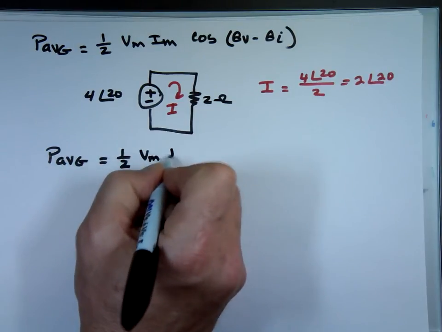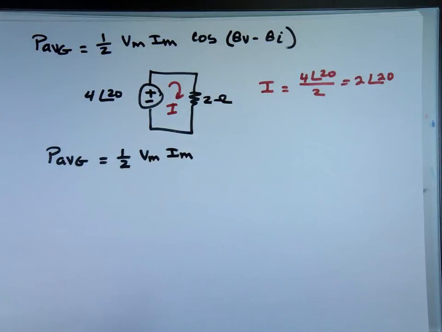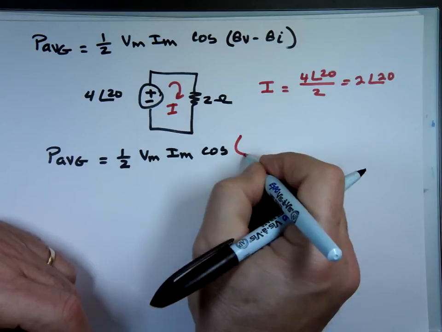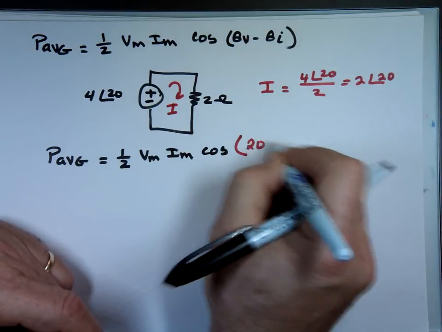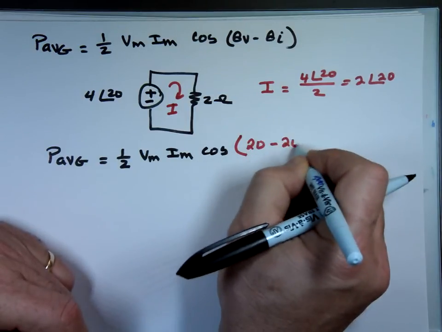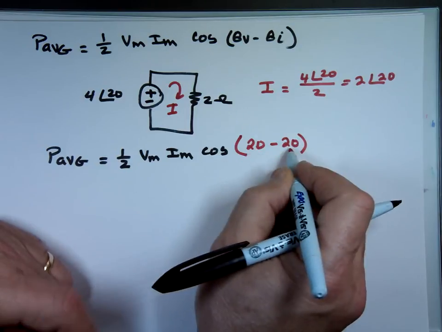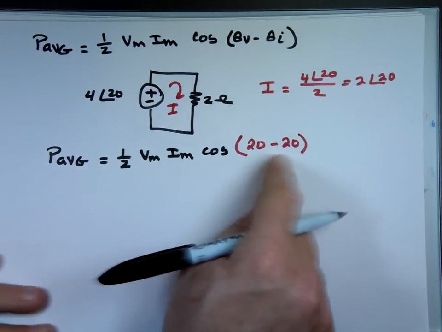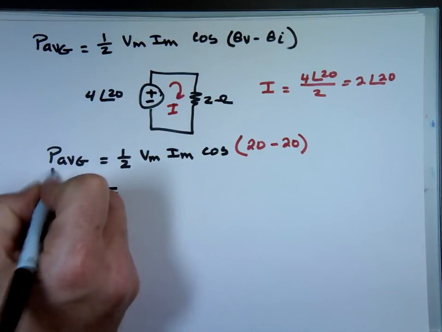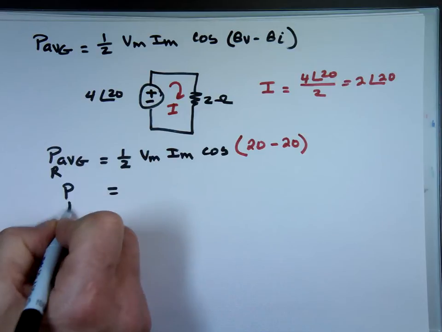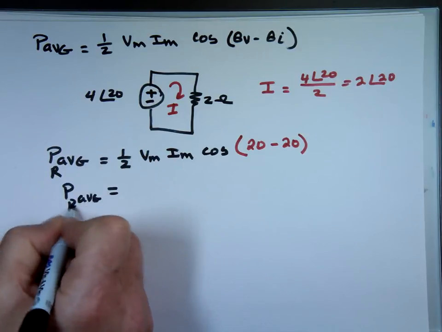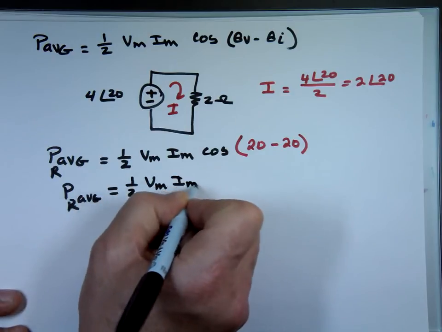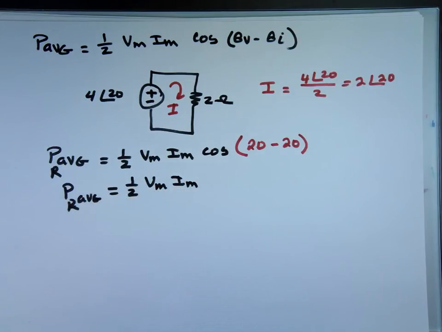And this is the part I want you to pay attention to, cosine theta V minus theta I. What's theta V? 20 minus what's theta I? 20. What's 20 minus 20? 0. What's cosine 0? 1. So the average power by a resistor, it's always going to be 1/2 V max, I sub max. Always. There's no cosine theta V minus theta I. The phase difference will be 0. Cosine of 0 is 1.